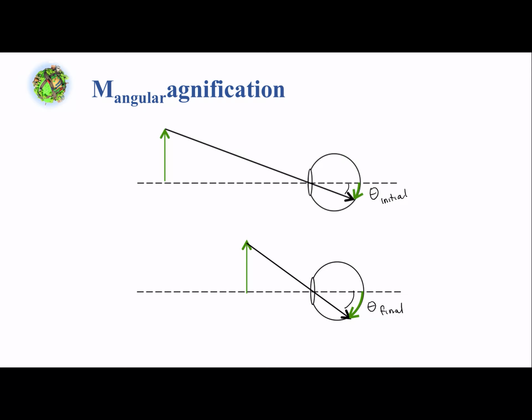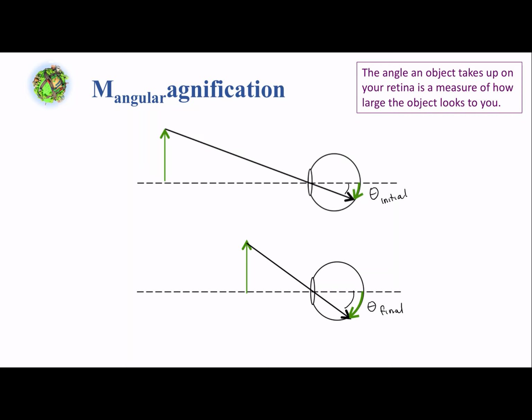It looks bigger. So far, so good. What can I say about the angular magnification of that object as it came nearby to me? So we know this. The angle that the object takes up on my retina is related to how large I perceive the object to be. Can I quantify this? I can in something called the angular magnification.